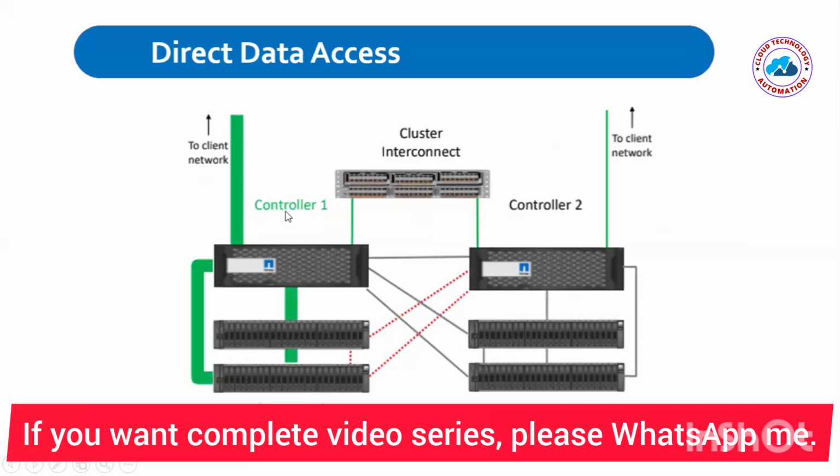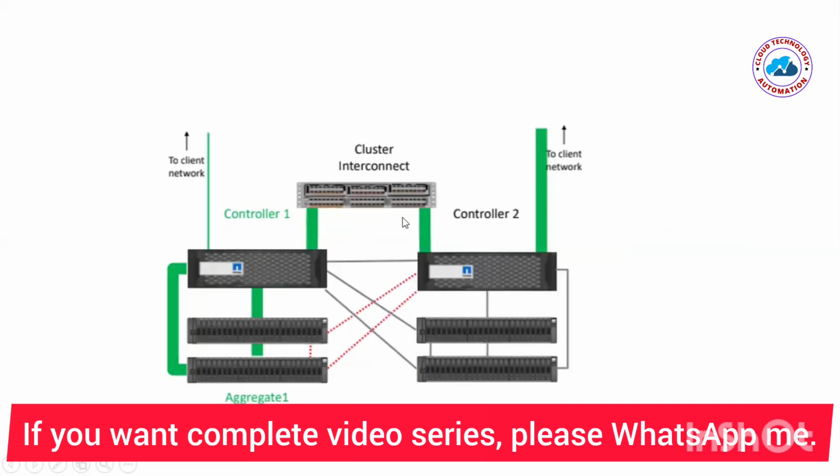Okay, suppose there is an NFS or NAS environment, so two IPs will be there, right? If the client is accessing the partner node controller 2, but the volume is inside aggregate 1, how will the data be transferred?